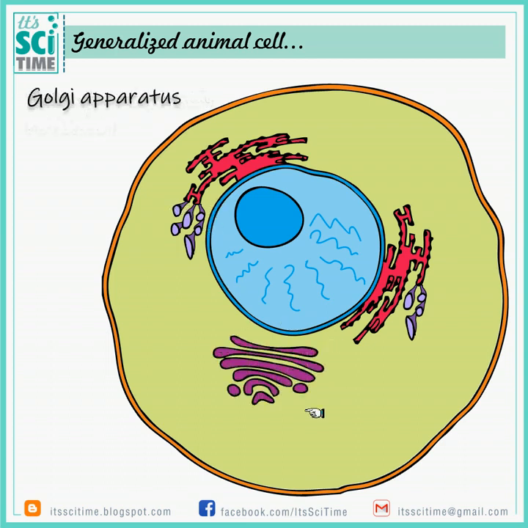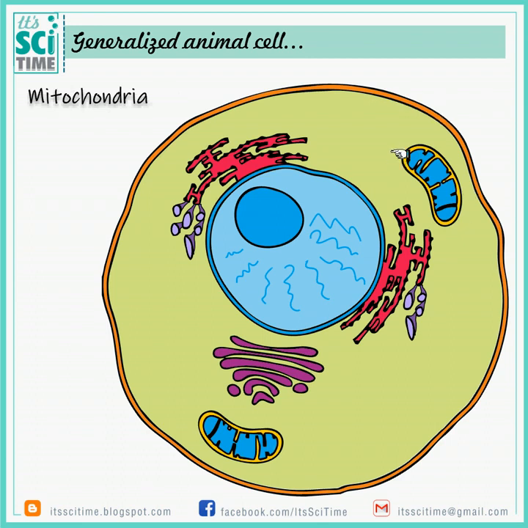Next organelle is the Golgi apparatus. It looks like discs kept one over the other, and the Golgi apparatus normally produces some secretions. Next one, mitochondria. You can call them the power plants of the cell. And this one, the centriole, helps the reproduction of the cell.